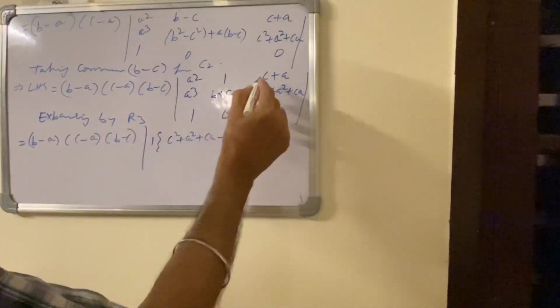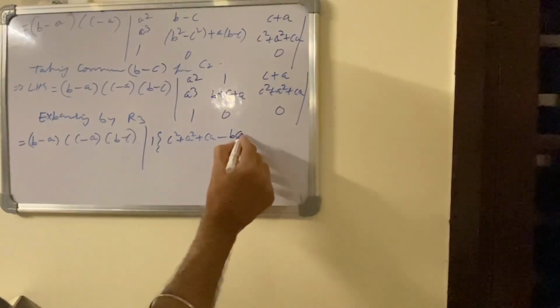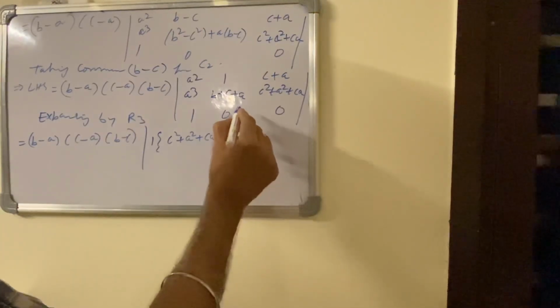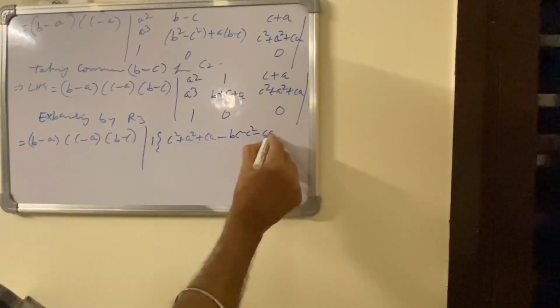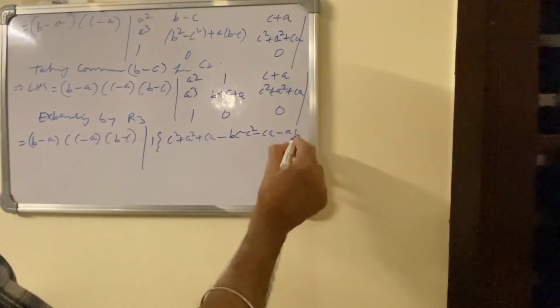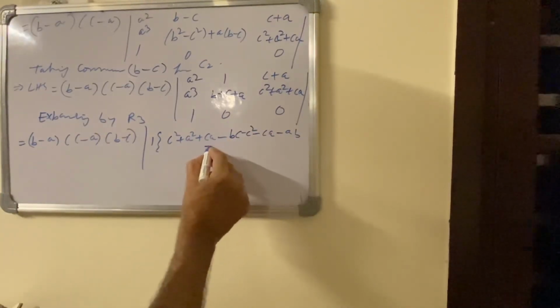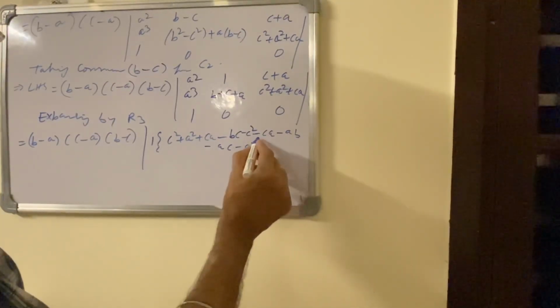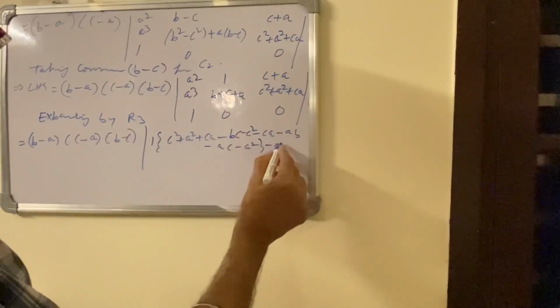So we are left with minus bc minus c square minus ca, then minus ab minus ac minus a square, minus 0 plus 0.